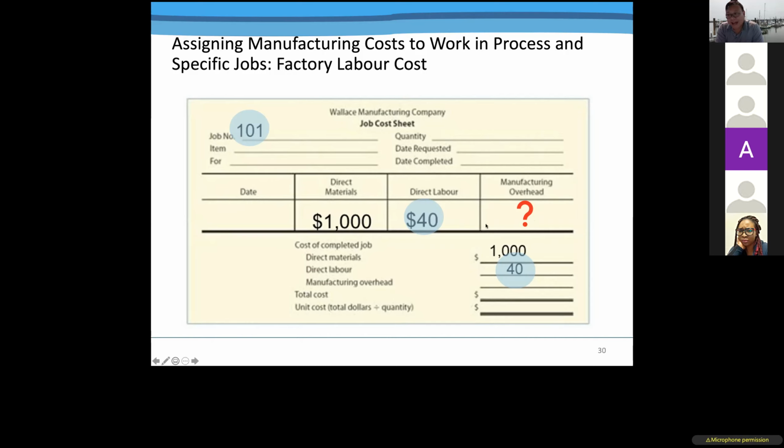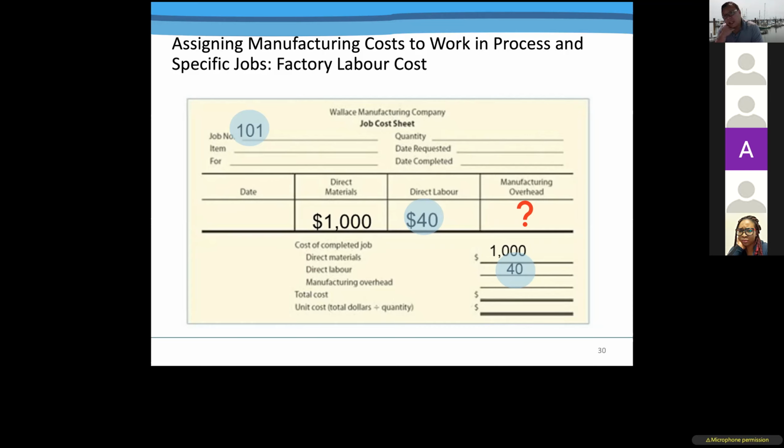The reason is, for example, the depreciation of the plant factory, the depreciation of the plant building, the depreciation of the machineries. These are manufacturing overhead, but they are fixed costs, calculated on an annual basis.